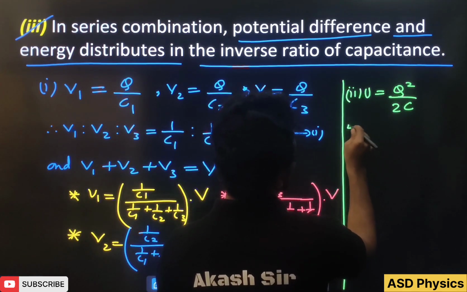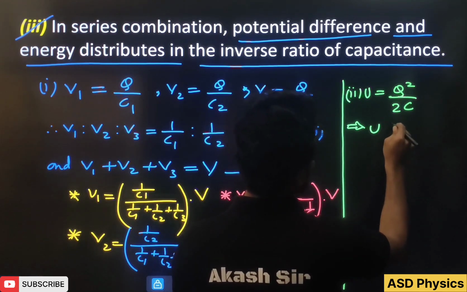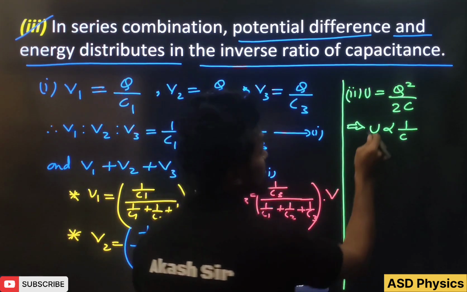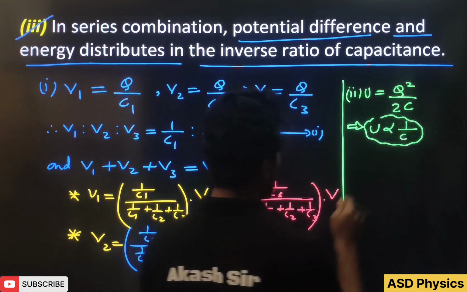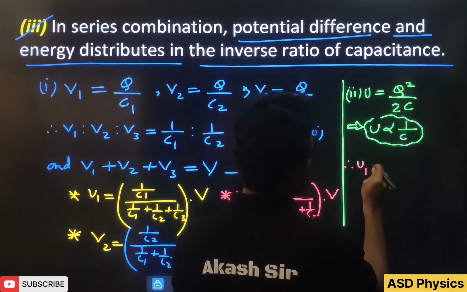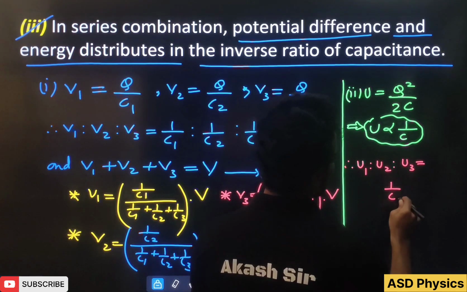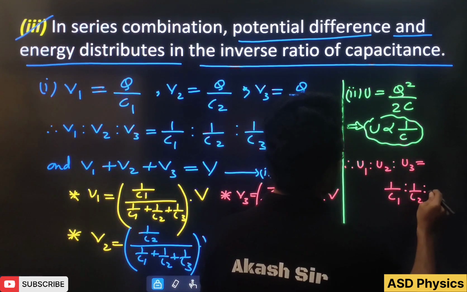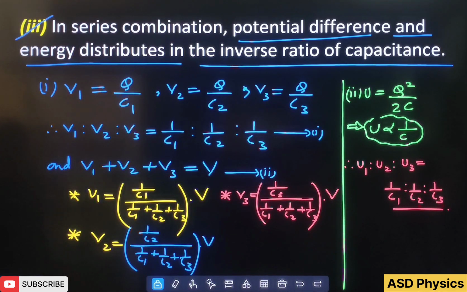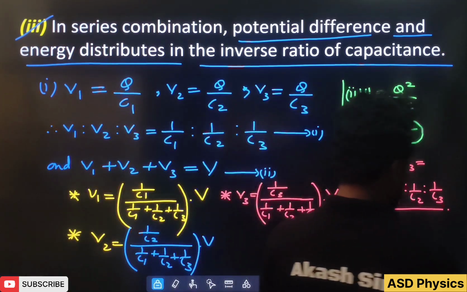If the charge is constant, U is inversely proportional to C. So if I have to divide the energy, U1, U2, U3 will be 1 by C1 is to 1 by C2 is to 1 by C3. Up to this much basics you should remember. Here we have seen the potential and the energy also.